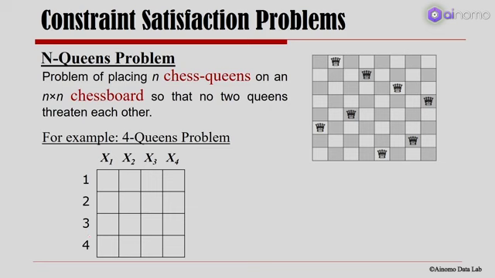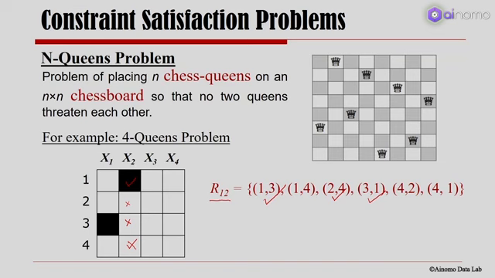Here 1 and 2 refers to the first and the second queen, a relationship between them. Thereafter, we could look at the fourth row and see that these possibilities do not exist, that I cannot have a second queen here, I cannot have a second queen here, but I could have a second queen at 4, 2, which is marked there, and I could have a second queen at 4, 1, which is marked here.